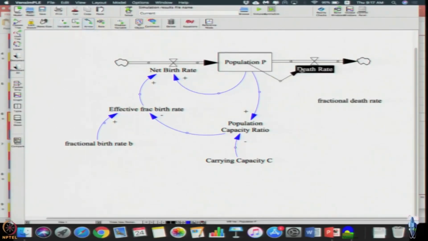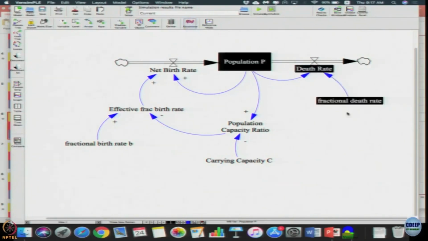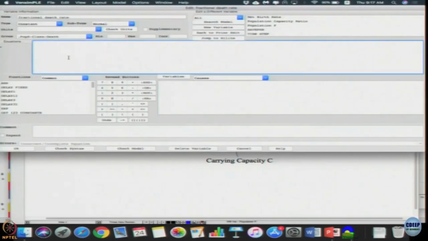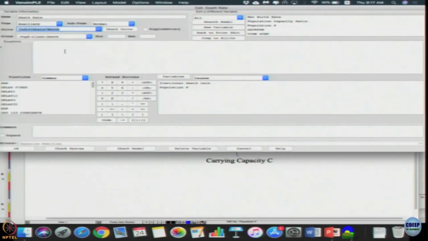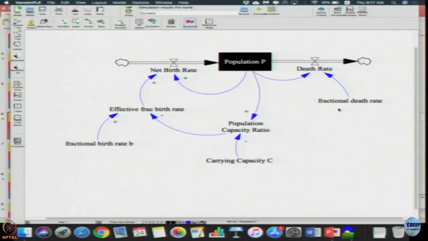Draw an arrow connecting population to death rate, and fractional death rate to death rate. Click equation: fractional death rate we wanted as 0.07, in units of 1 over month. Death rate, in people per month, is nothing but population times fractional death rate. So, death rate is the product of these two, and fractional death rate is 0.07, a constant.